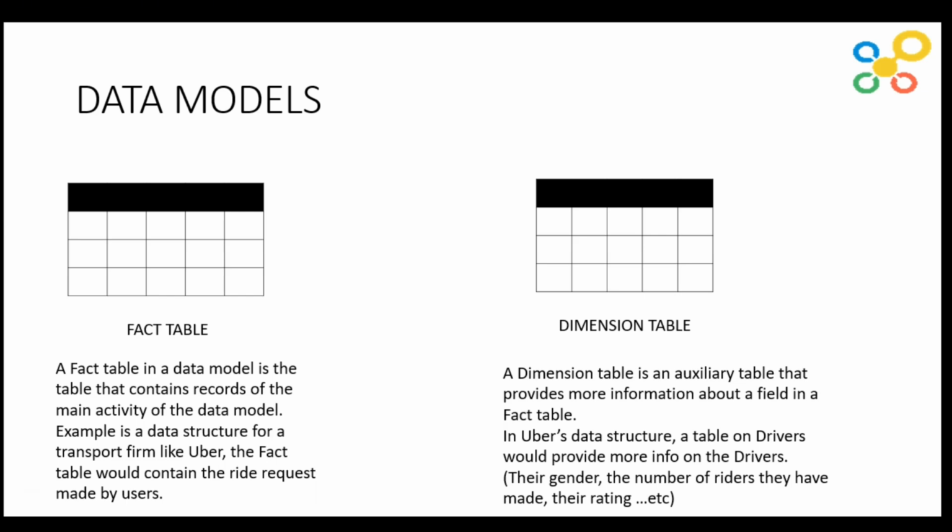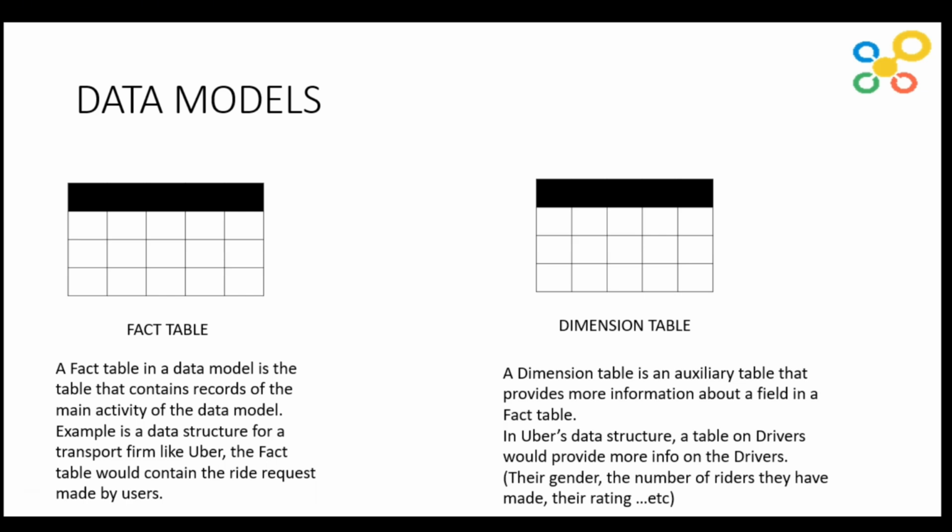So if you have a table on your drivers that provides information about their gender, the number of rides they've carried out, and their rating, all that information will be recorded in another table called the drivers table. It gives information about a particular driver, and it better explains the driver field in the fact table.